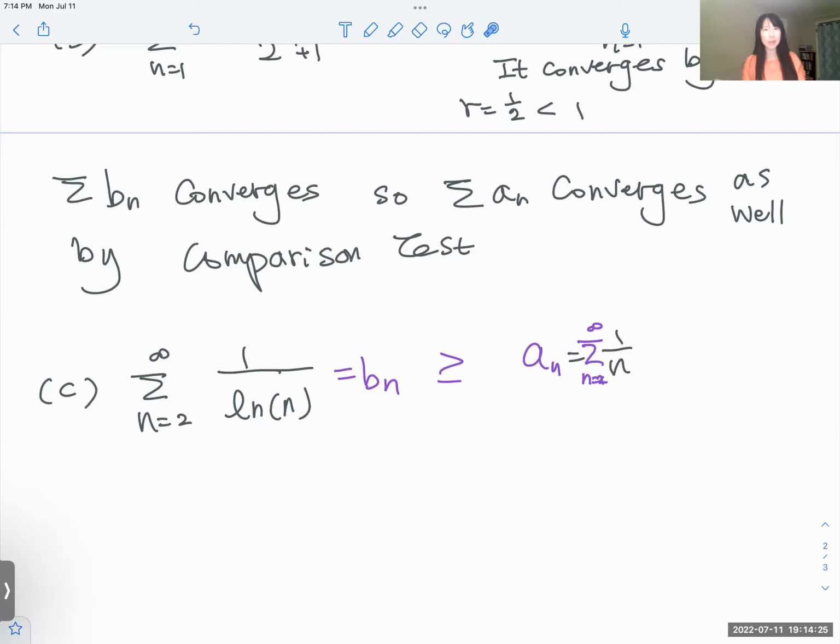By comparison test, for the smaller one, if the bigger one converges, then the smaller one converges as well. If this diverges, then the bigger one diverges as well, right? Yes. Okay, so this is converges.